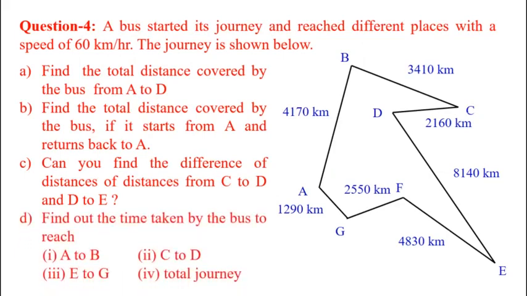And question number D, find out the time taken by the bus to reach A to B, C to D, E to G and for total journey. So let us answer these questions.